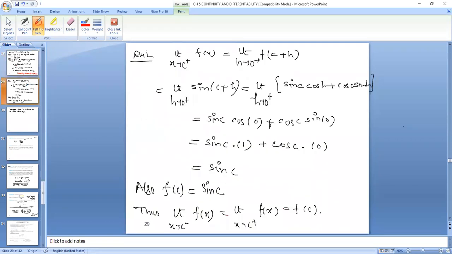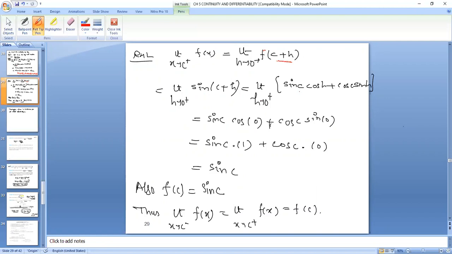Same way we will calculate right hand limit, which will be limit x is tending to c positive f of x, limit h is tending to 0 positive f of c plus h. Now limit h is tending to 0 positive, we will put the value c plus h in x. So sin x becomes sin c plus h, which is equal to limit h is tending to 0 positive sin c plus h.